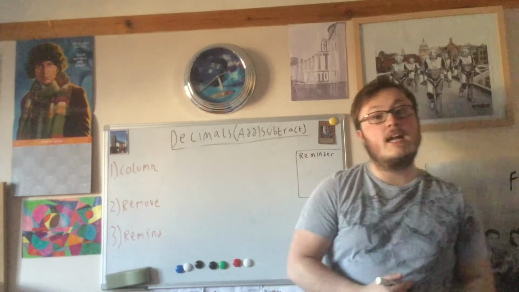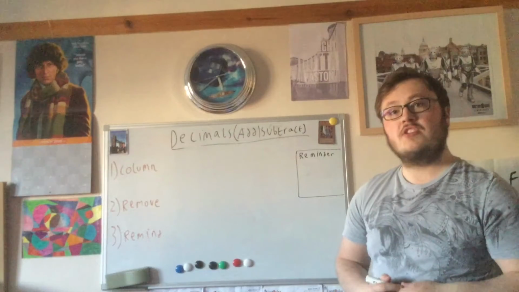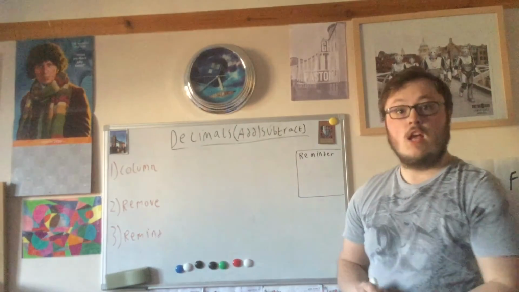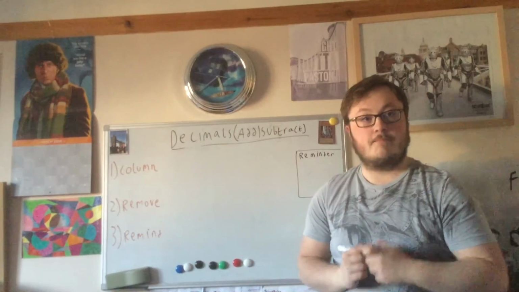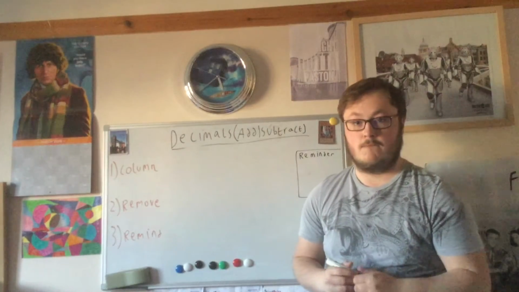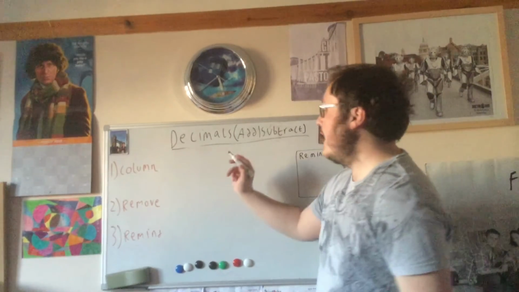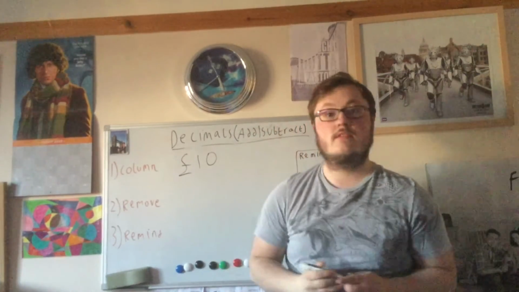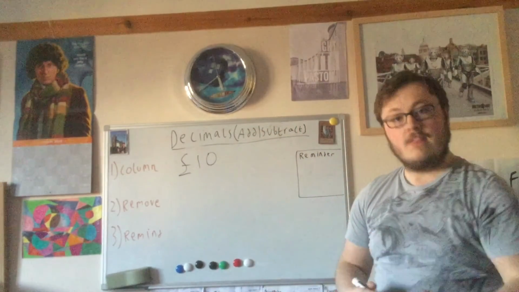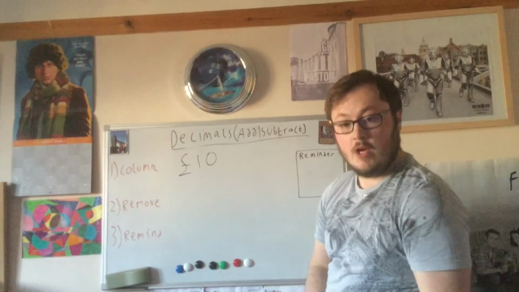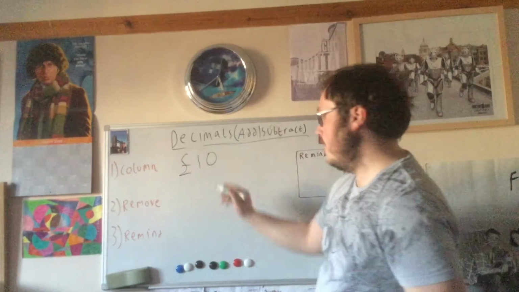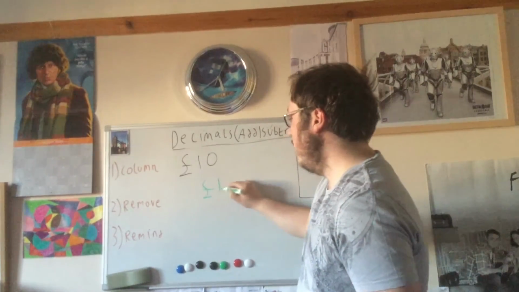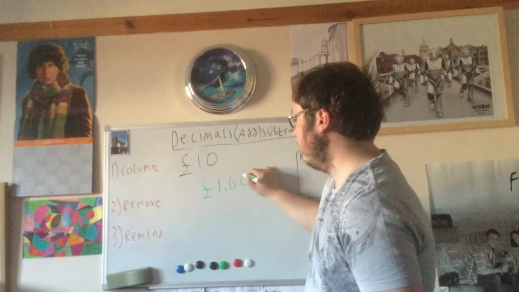So here is your challenge tonight. I'm going to give you a question and I want you to solve it. So I went to the shops today to buy some essential shopping, because that's what shops are for. Now I had £10 to start. In this shopping trip I bought some shampoo, which cost me £1.60.